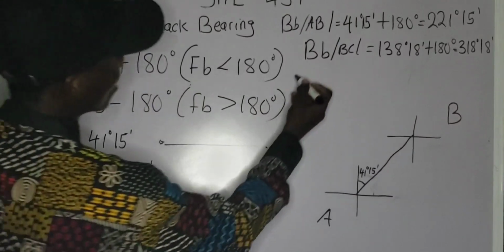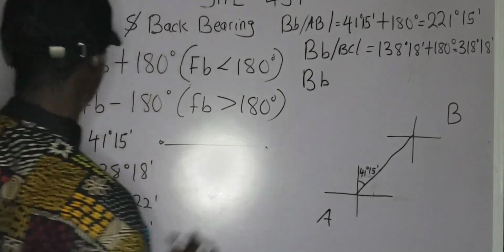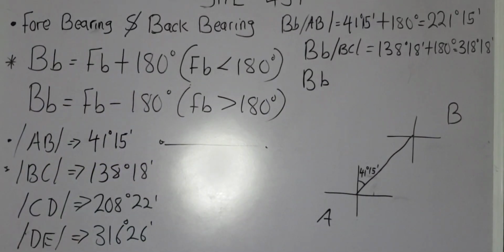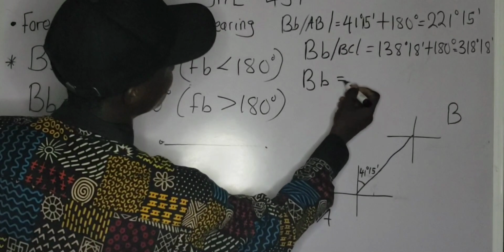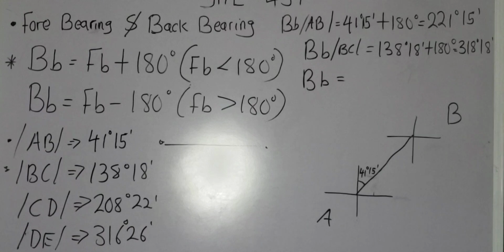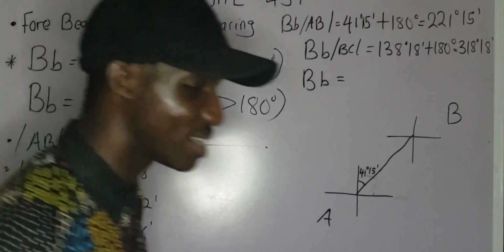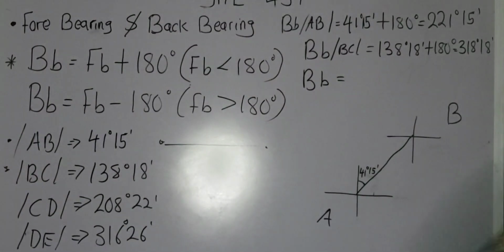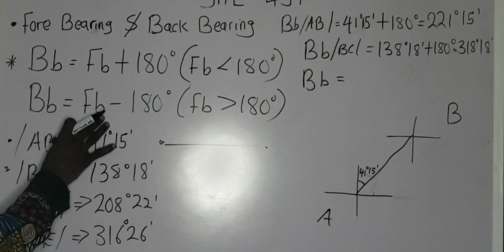Now let us calculate the back bearing of line CD. The Fore bearing of line CD is what? 208 degrees 22 minutes. Is 208 degrees and 22 minutes less than or greater than 180 degrees? Yeah, it is greater than 180 degrees. So we cannot use this formula. We proceed to use the second formula: the Fore bearing minus 180 degrees.